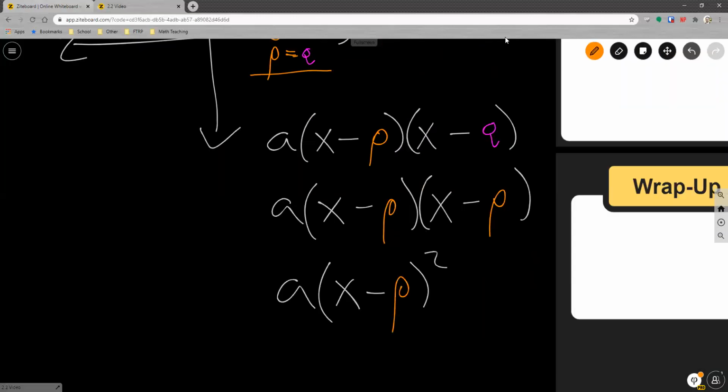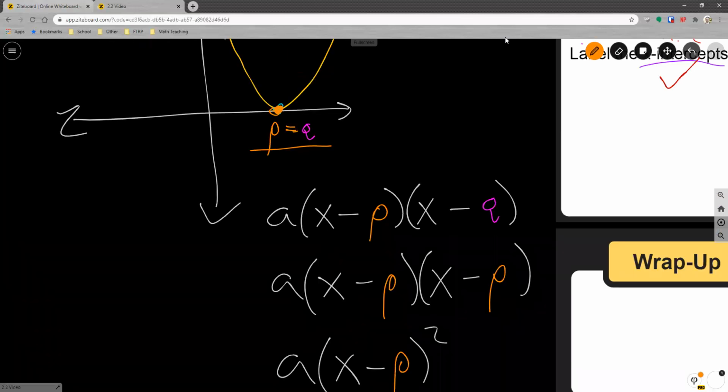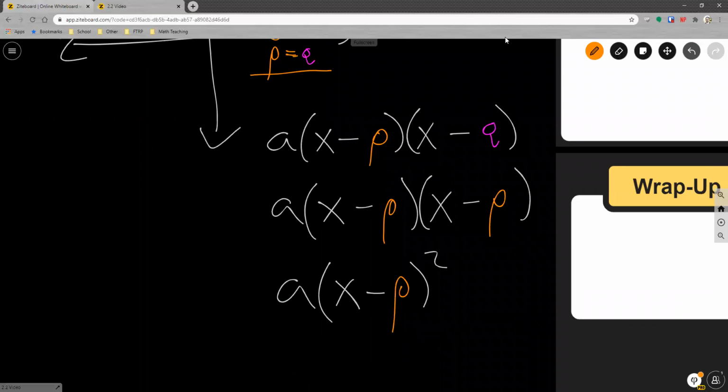So in the case of one intercept, vertex form and intercept form are virtually the same thing, because my y value is 0, my k value is 0, and my h value is also going to match this value p.